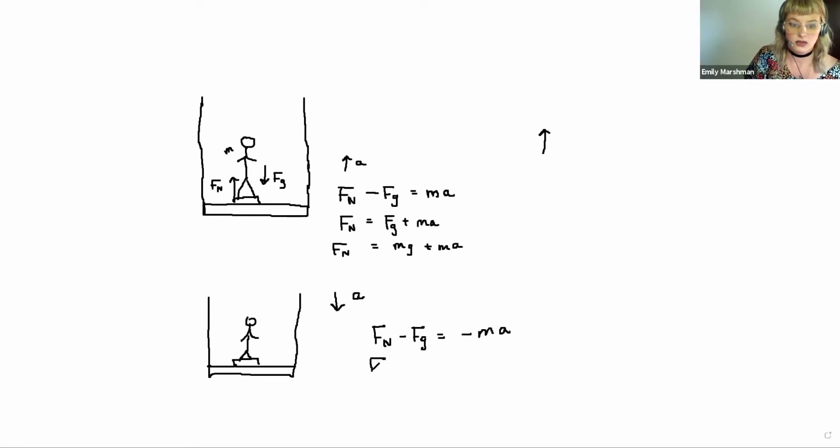So solving for the normal force now, it's Fg minus ma. So when you get to the top and the elevator starts to slow down, the scale will actually read something lighter than your weight because it's mg minus ma.